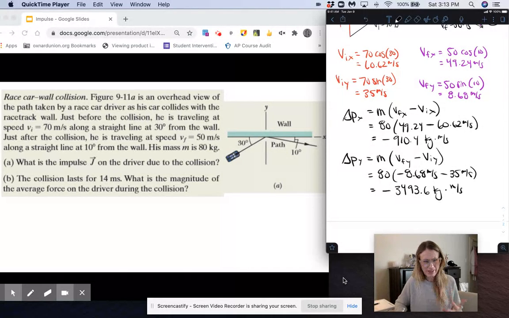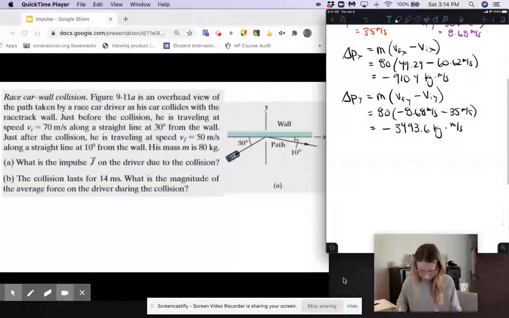So they didn't ask for unit vector notation or magnitude angle notation. Because they didn't ask, we can just find the magnitude and angle. Of course, if they ask for unit vector notation, you can just stop there. Your 910.4 will be your I hat, and then your 3,493.6 will be your J hat.